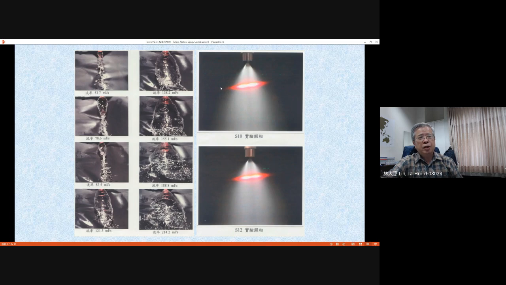And I shine a laser to see the cross section. Actually, I try to measure the cone angle. This is a typical experiment from the duplicate simplex nozzle. Okay, let's go back.